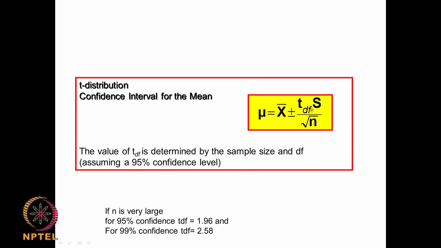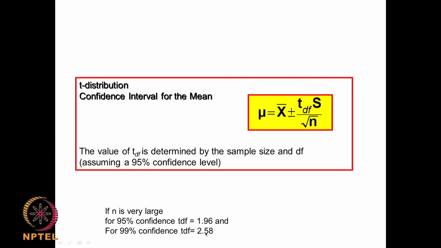This is the standard error multiplied by t. T is the t value, and it will vary depending upon whether it is a 95% confidence interval or a 99% confidence interval. Generally, if n is large, for a 95% confidence interval the t value will be 1.96. If n is large, 99% confidence will become 2.58.